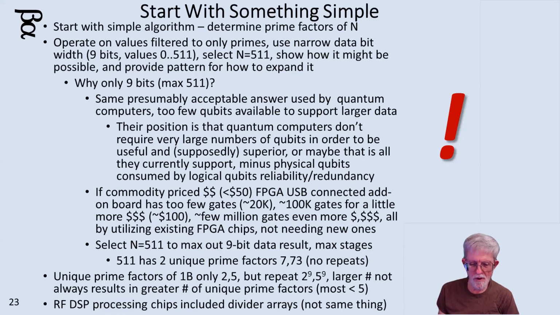For example, the number 1 billion has prime factors only 2 and 5, but it repeats 2 nine times and it repeats 5 nine times. So just because you have a very large number does not necessarily mean you need to be able to process out a lot of different prime factors. 5 is quite a large number of prime factors. 4 is the lion's share of it. And if you just want a meaningful quantity of them, even 3 prime factors that repeat can get you a lot of processing.